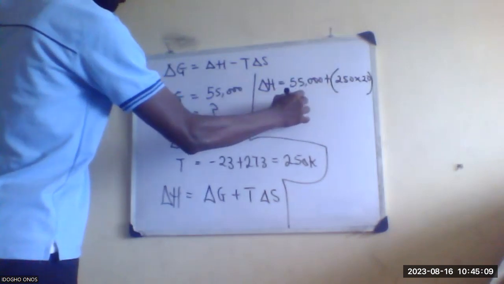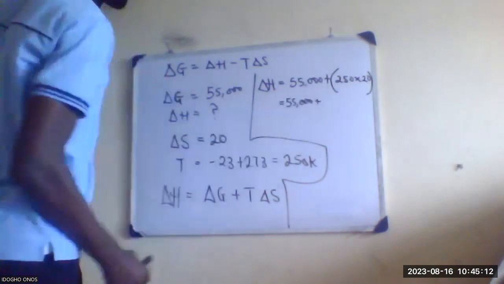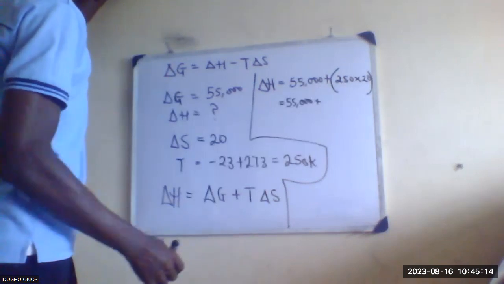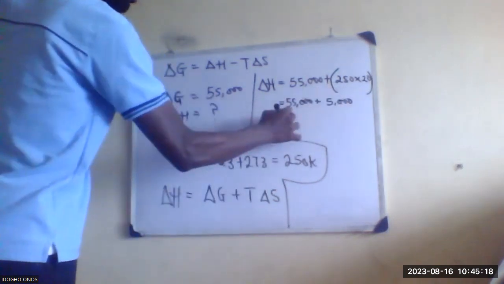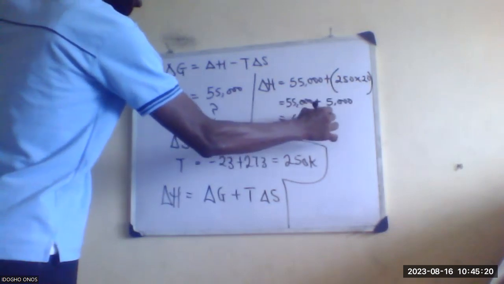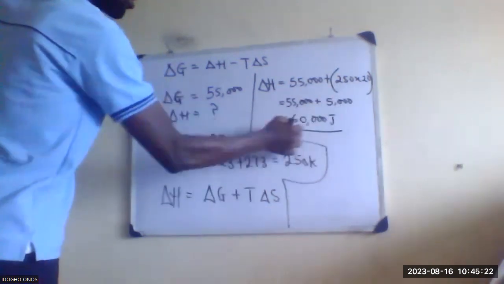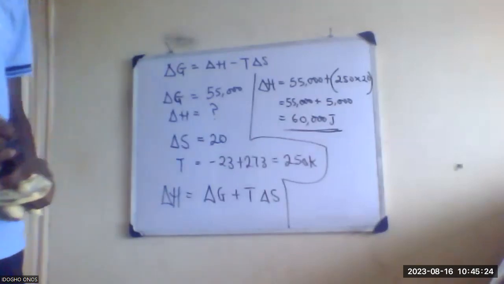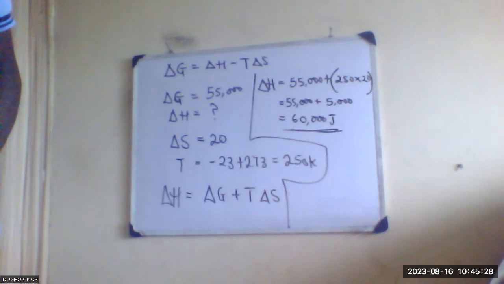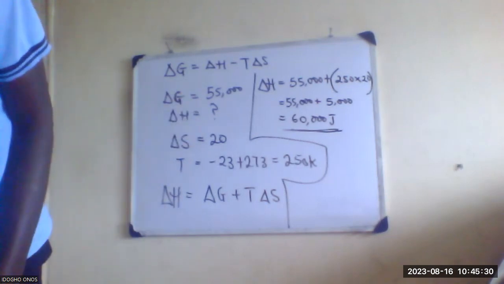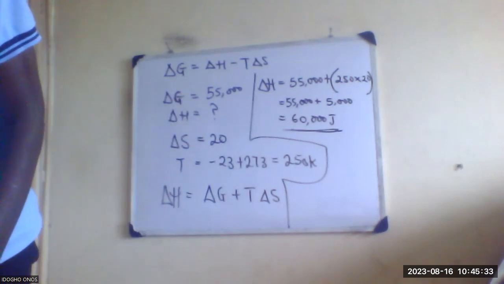So 55,000 plus 20 times 250, that is 5,000, added, should give me 60,000. So that is your enthalpy change. You can put plus in front of it because it's a positive value, or you leave it like that. Any question?